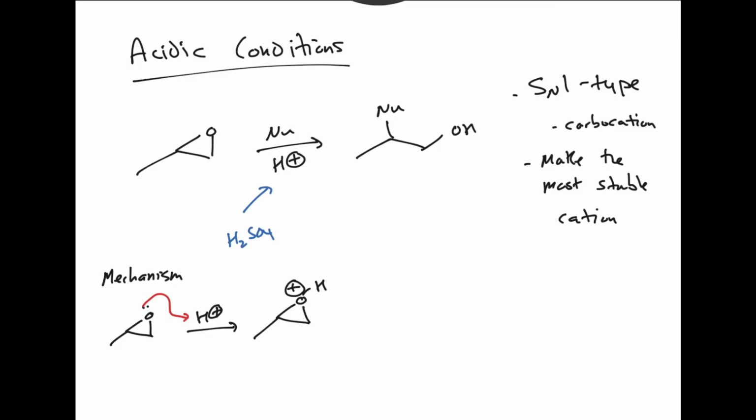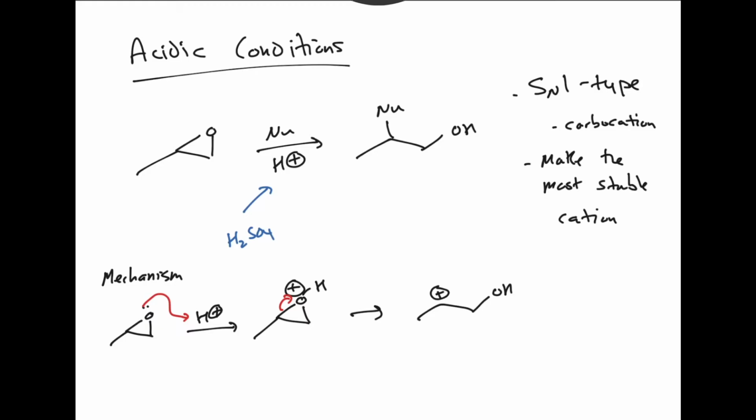The epoxide is effectively the same thing. I've got this three-membered ring, and the bond angles are really far from ideal. So as soon as I put a proton on the oxygen, the molecule's like, sweet, I can get rid of this ring and make a carbocation. You're trading all that ring strain for the carbocation.